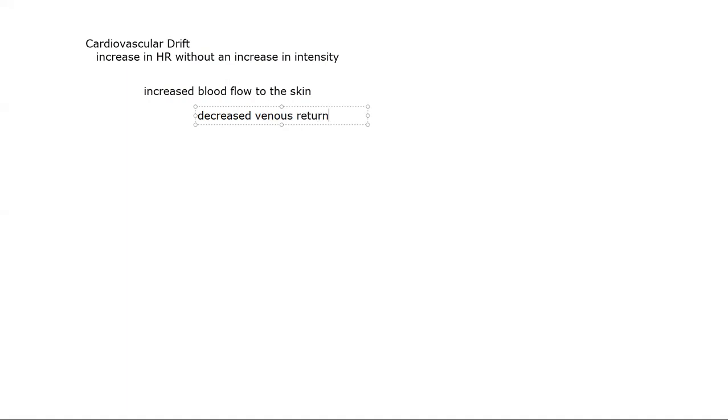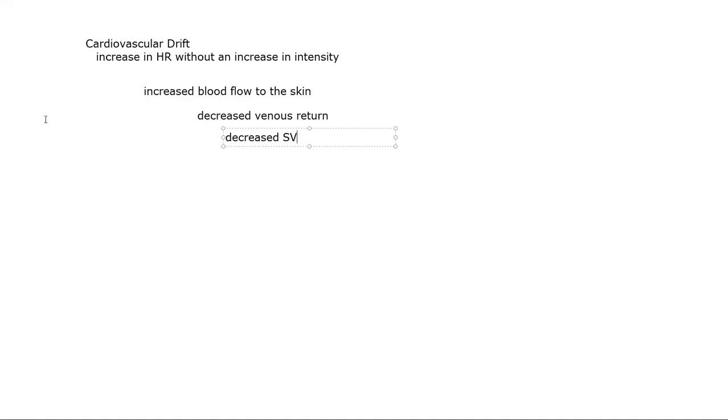Okay, you have more blood going to the skin, that means you have less blood going to the heart. If you have decreased venous return, it's going to end up decreasing your stroke volume. If you have less blood coming to the heart, you're going to have less blood coming out of the heart.